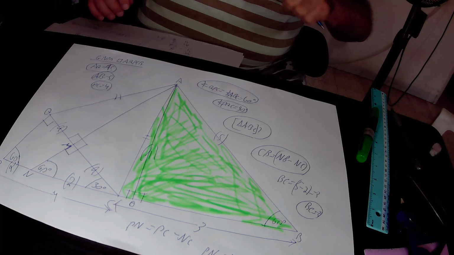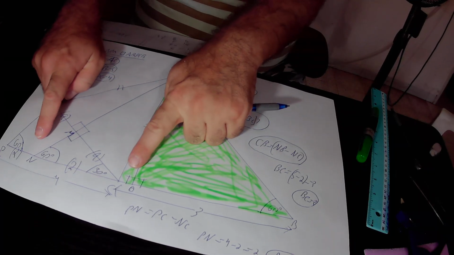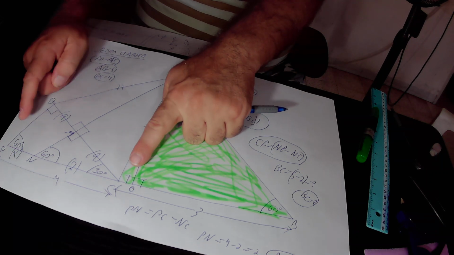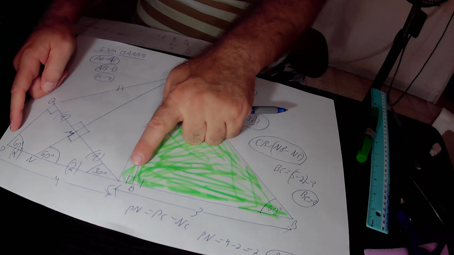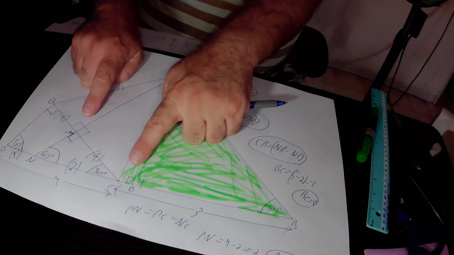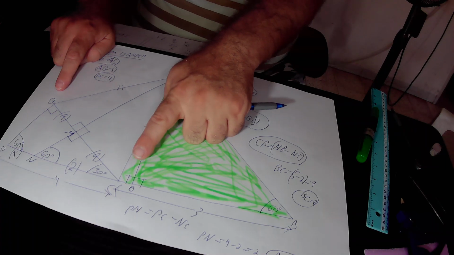We will derive that side NC of the small right triangle MNC over side PC of the big right triangle QPC is equal to side MC of the small right triangle MNC over side QC of the big right triangle QPC.